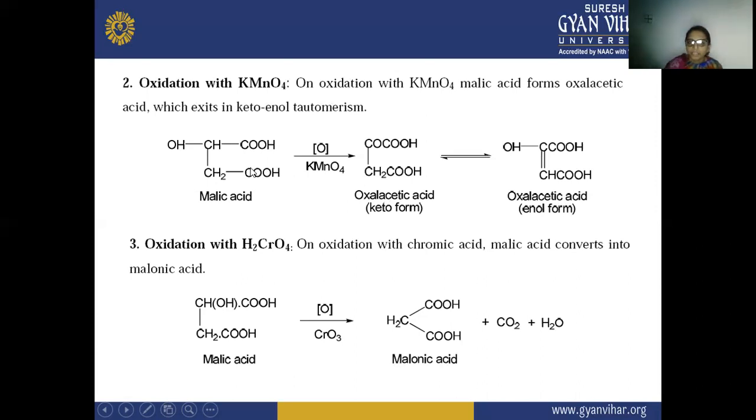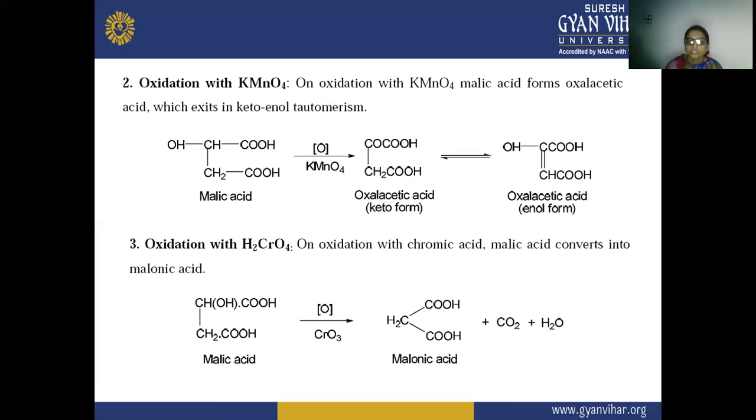So this is the malic acid, and malic acid on oxidation gives oxaloacetic acid, which exists in keto-enol tautomerism. Here, KMnO4, potassium permanganate, is acting as an oxidizing agent.